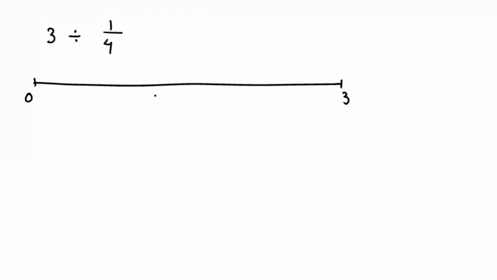It will be 1 here, 2 here, and 3 here. And we want to divide this amount into parts of 1/4. 1, 2, 3, 4, means 1/4, 1/4, 1/4. Similarly, we have to do the rest of that. Divide into 1/4.